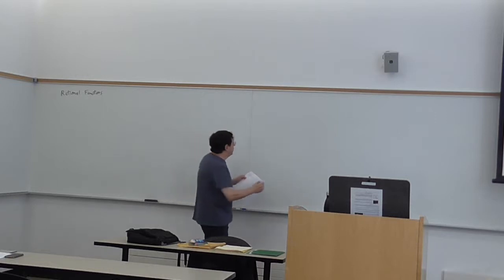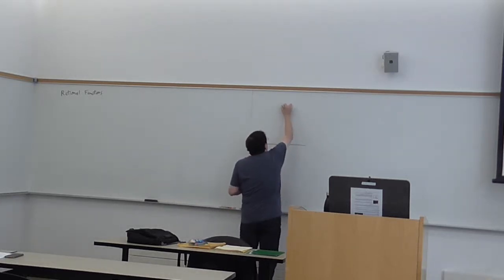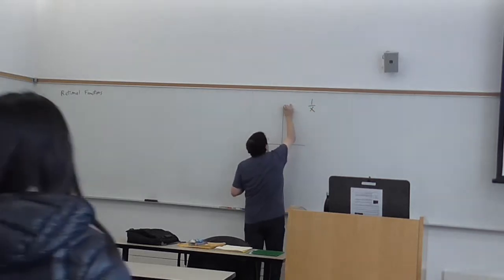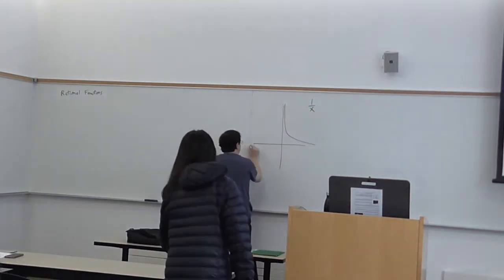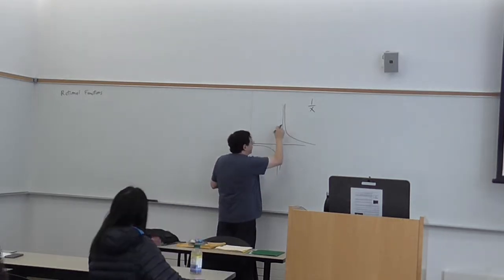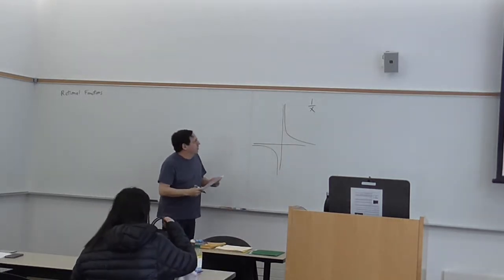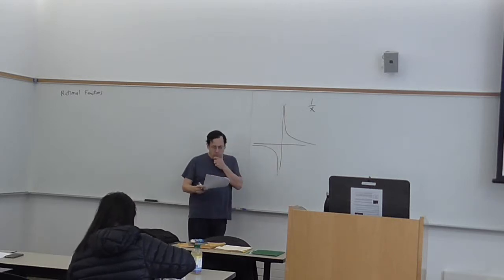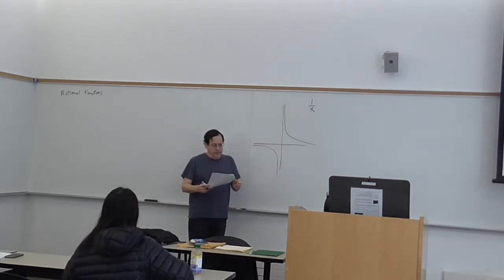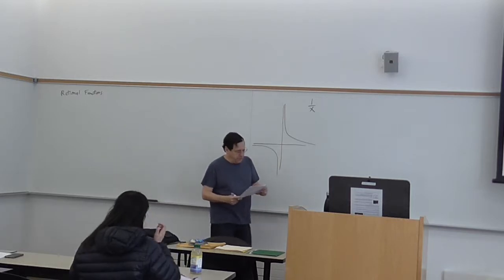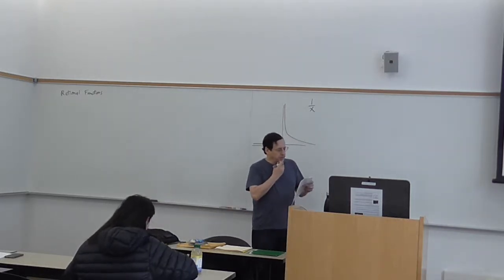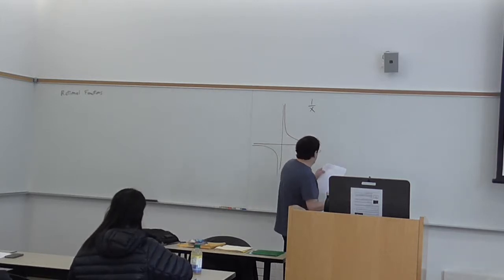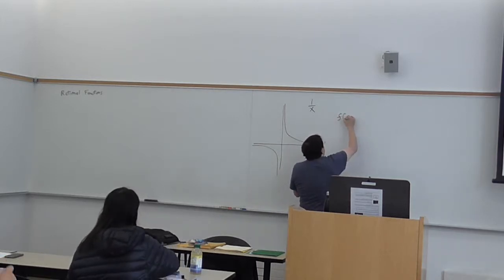We saw on Monday that the function 1 over x kind of looks like this. The x and the y-axis are asymptotes, and the book wants to make a point about a certain kind of function that might not be obvious what's going on.